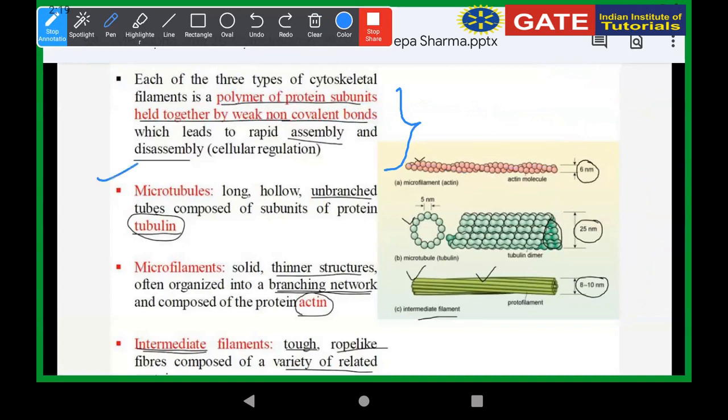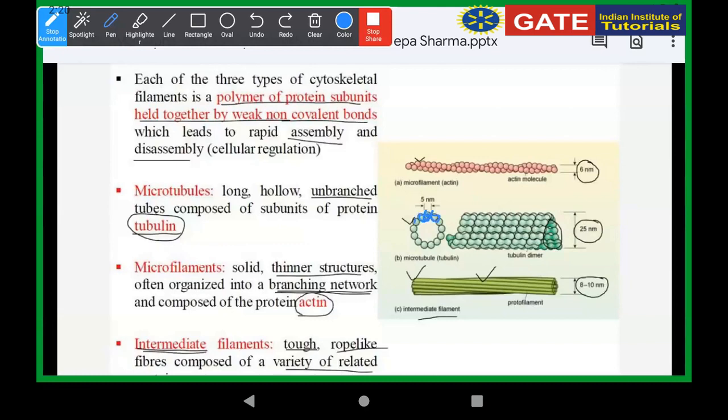First one, microtubules. Look at the second image. The microtubules are long, hollow, unbranched tubes composed of the protein tubulin. See, this is one tubulin. This is another tubulin.